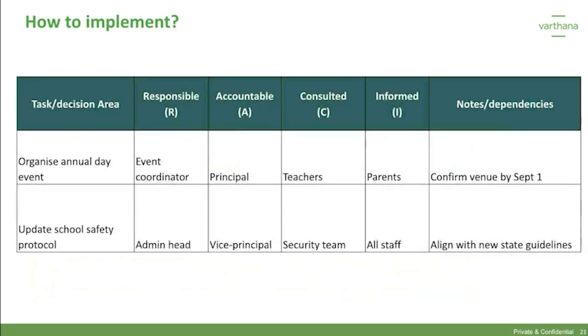Let's look at how the RACI matrix works in practice through a couple of school-based examples. In the first row, organizing the annual day function is the task. The event coordinator is responsible. The principal oversees overall quality and decision making, so is accountable.